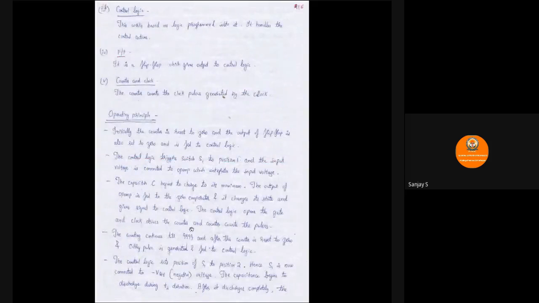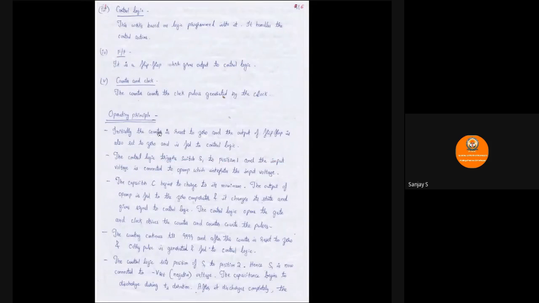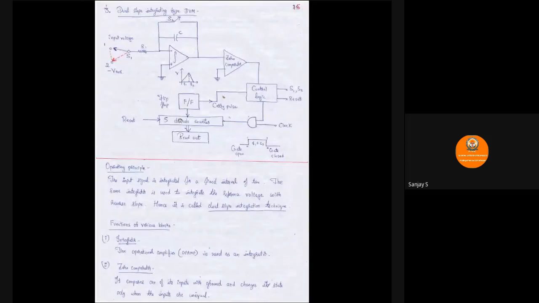Now coming to the operating principle, initially we have the counter that is reset to 0. The counter which is counting, the 5 decade counter, will be reset. So once the counter is reset to 0, the output of the flip-flop also is set to 0 and fed to the control logic.